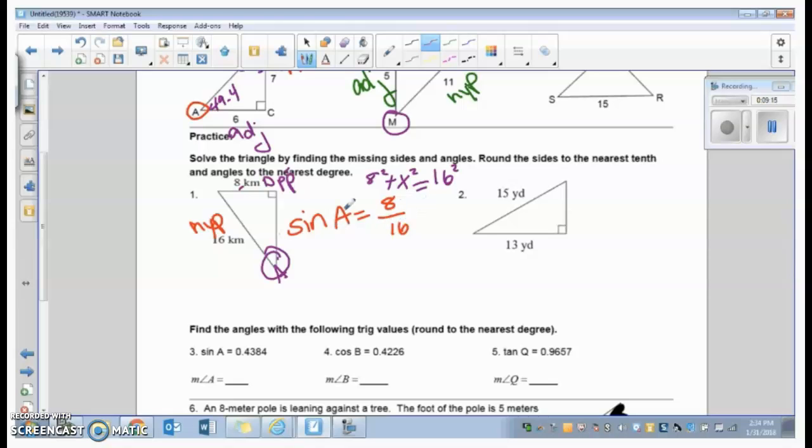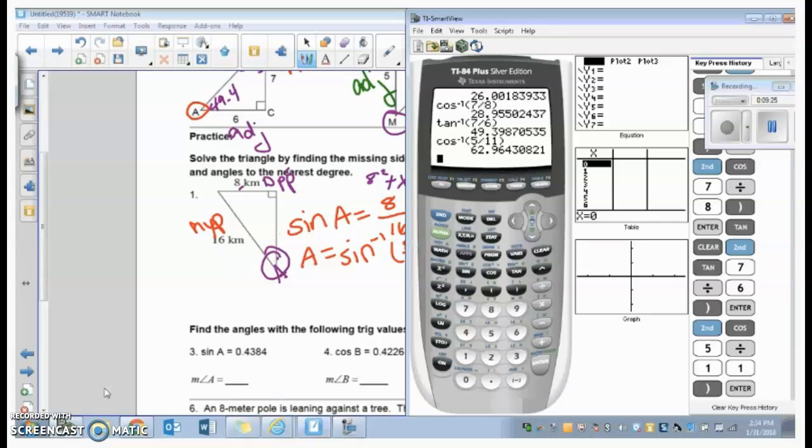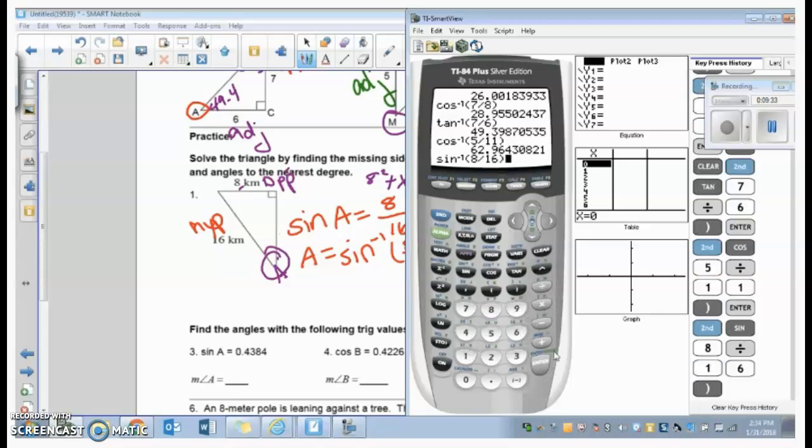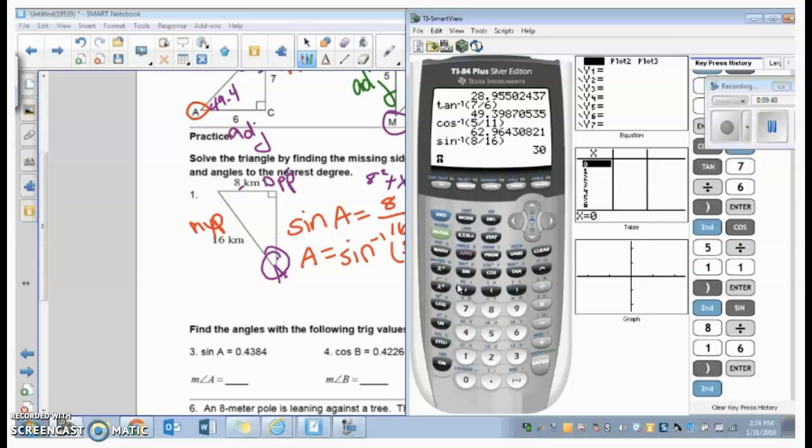If you want to simplify that to 1/2 or 0.5, that is totally okay, but you can leave it as 8 over 16, and that's what we'll do when we put it into our calculator, just to avoid any confusion. So the arcsine of 8 over 16 equals, oh, that's pretty nice. It's exactly 30.